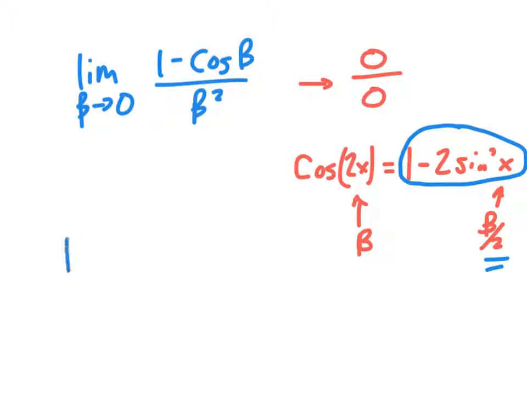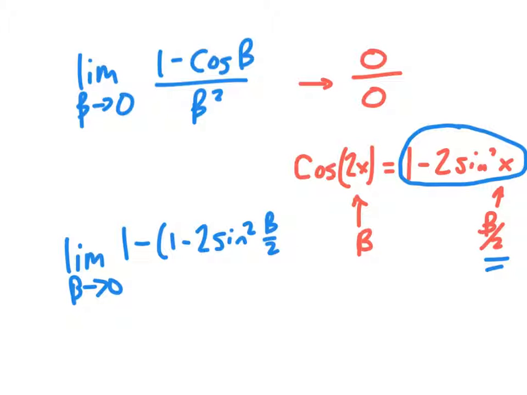So we want to evaluate the limit as beta approaches 0 of 1 minus the thing in the circle, which is 1 minus 2 sine squared of beta over 2. Remember where that x is in the identity, we need a beta over 2.